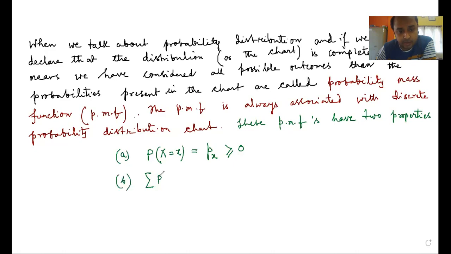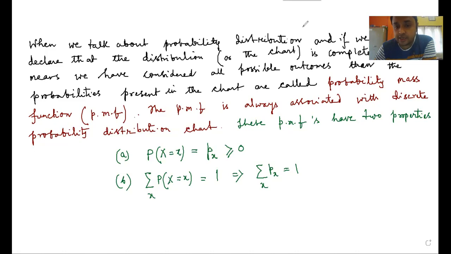And property number 2 is that the sum of the probability of X equal to small x over all x is equal to 1. Or sometimes it is also written as summation over x of p x is equal to 1. So we can use this notation or that notation. These are the two fundamental properties of the probability mass function associated with a discrete probability chart.